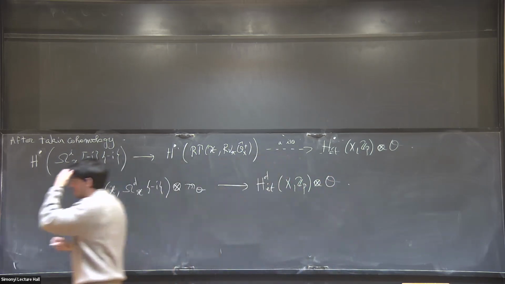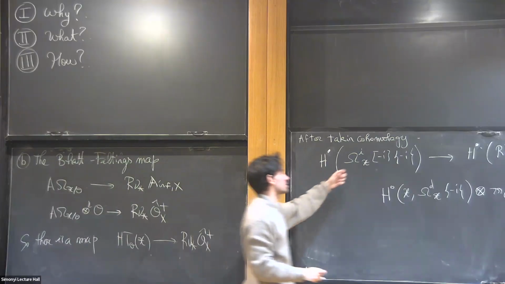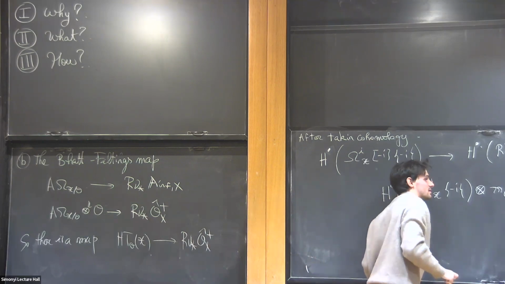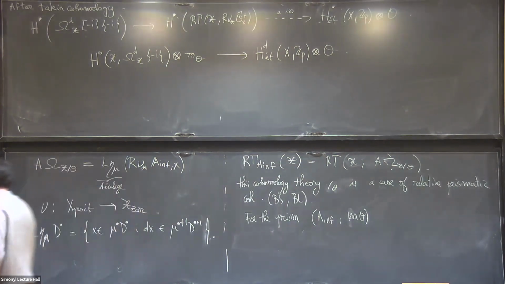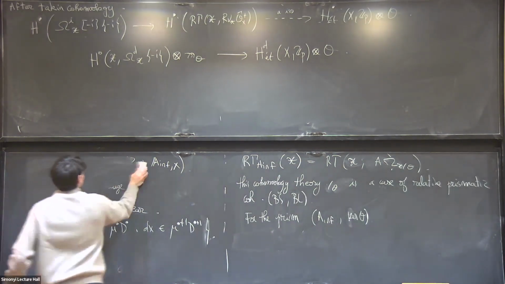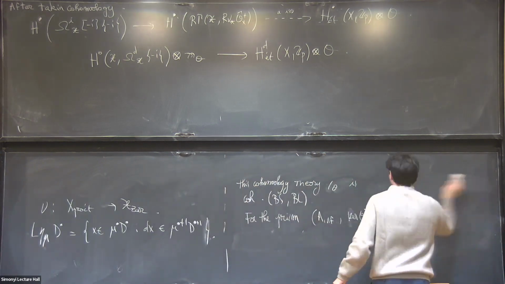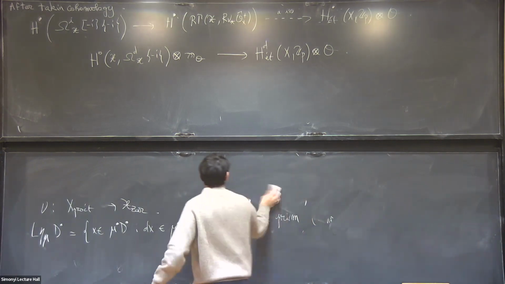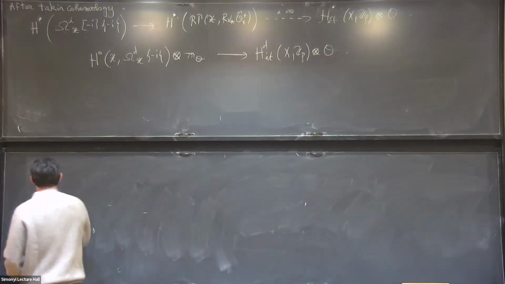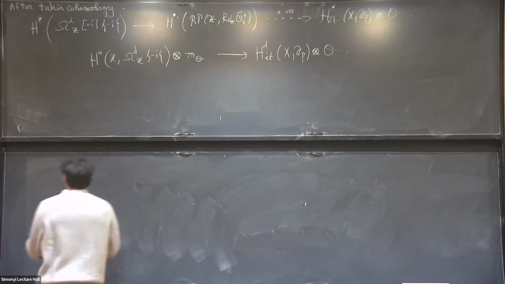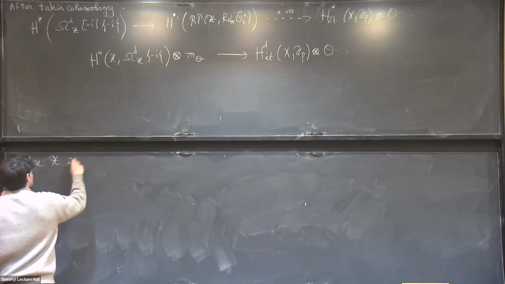Okay. But here, to use the splitting, I secretly assume that x is proper smooth.